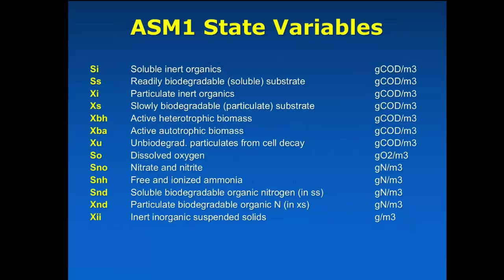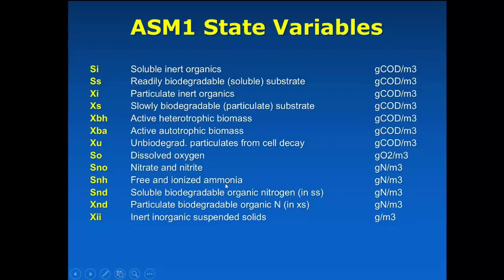So, as you may know, ASM1 actually has 13 state variables in it. Now, I'll just mention for those who are already familiar with ASM1, I know that XII, the particulate inert inorganics, is actually not part of the original version of the model, but it is part of the version that we have in GPSX. But for the most part, we have a number of state variables that are based on COD, and those are your substrate, your inert COD, and your biomass.